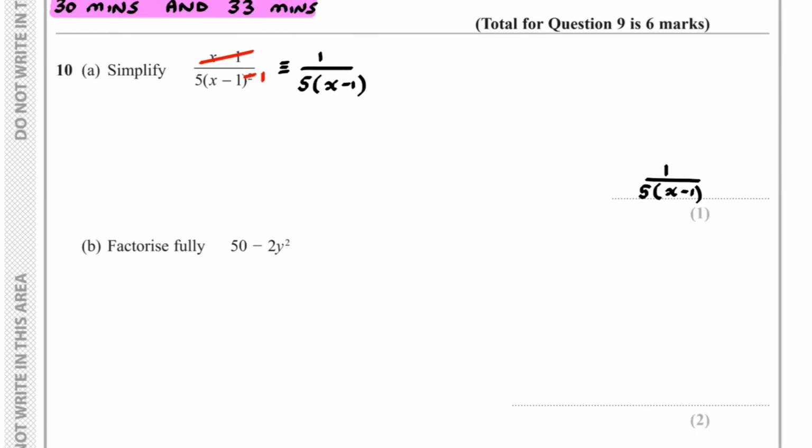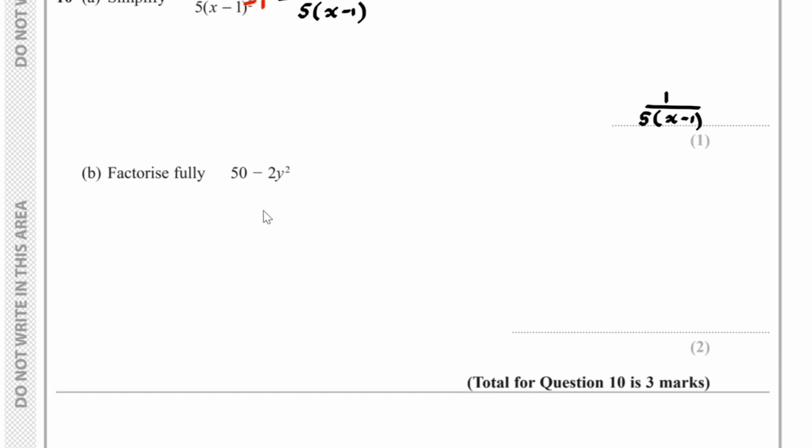And then for part B, we have to factorize fully 50 minus 2y squared. Well, the number that is common to both is 2, and then inside the bracket we would have 25 minus y squared.